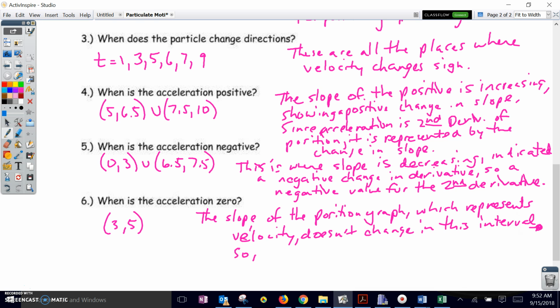So the derivative of velocity, which is acceleration, is 0 here.